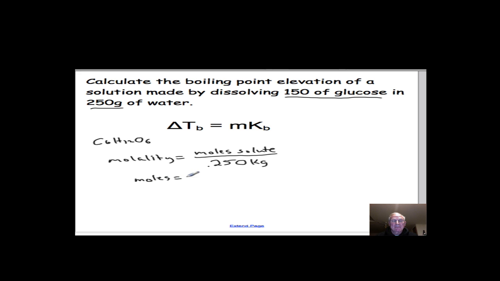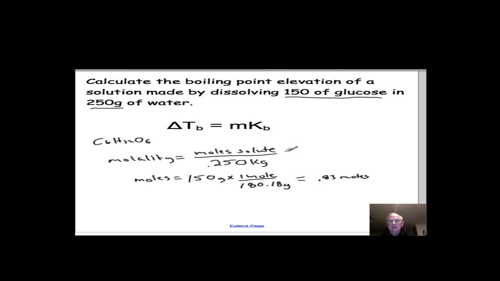So we have a mass here of 150 grams of glucose times our conversion factor of 1 mole of glucose over its molar mass. The molar mass of C6H12O6 is 180.18 grams. So in working this out, we end up with a number of moles here of 0.83 moles.